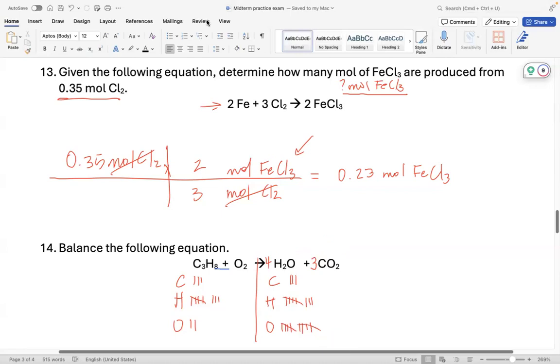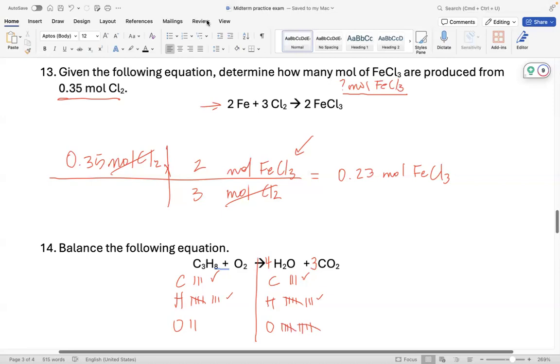All right, so now I'm at a point where I have my carbons balanced on each side and my hydrogens balanced on each side, but I have 10 oxygens on the right and only 2 on the left. Since oxygen's by itself, like I said, this is a good, easy one to balance because I'm not going to be changing any other elements when I put a coefficient in front of that, meaning I don't have to go back and make sure everything else is balanced.